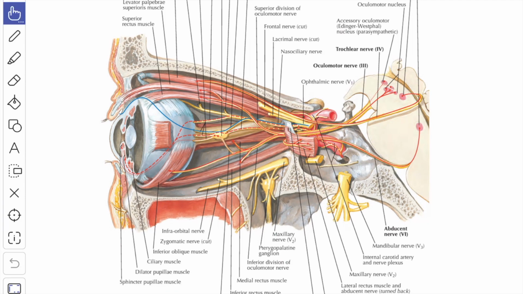Next, we'll see the nuclear origin of the oculomotor nerve. This is the oculomotor nerve nucleus complex. This is a combination of general somatic efferent and general visceral efferent columns.